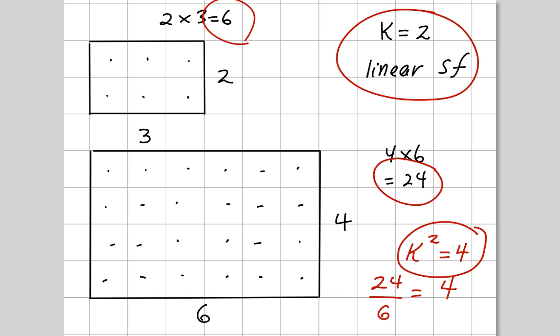So why does that happen? Because you have to times this length by 2, and you have to times this length by 2. So in essence, you've timesed the whole thing by 4, which is 2 squared, right? What if the scale factor was 3? Then the area would be multiplied by 9, because 3 squared is 9.